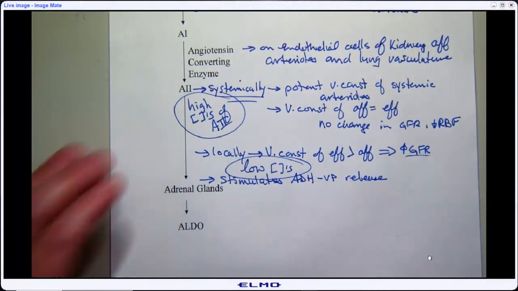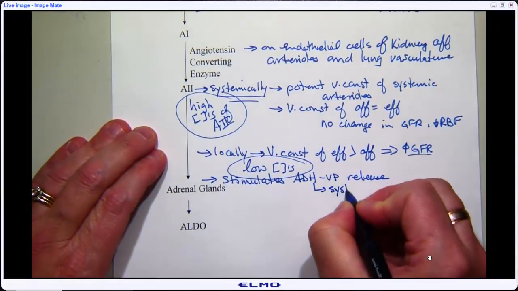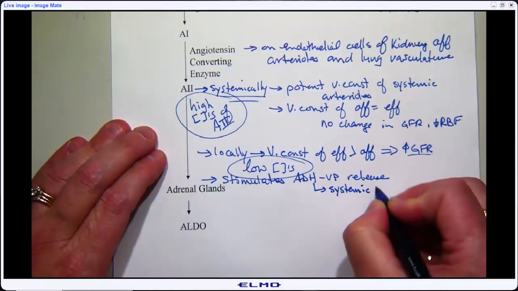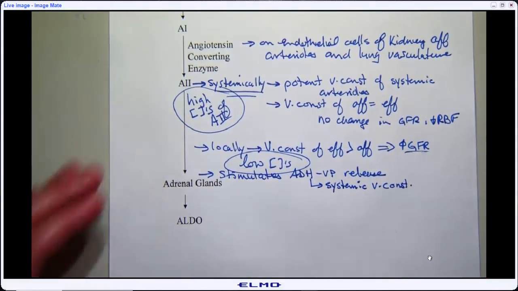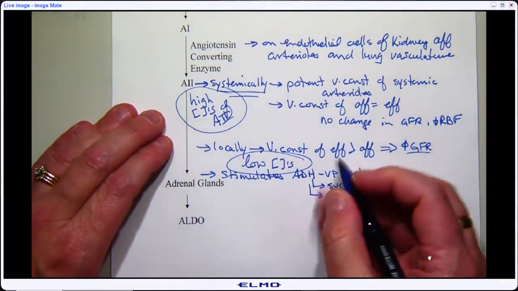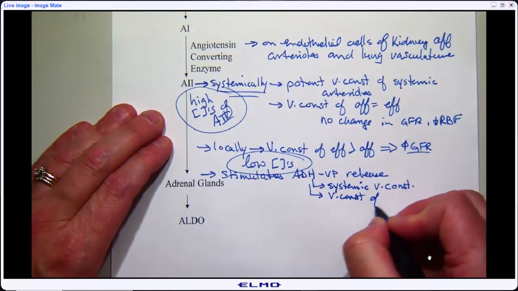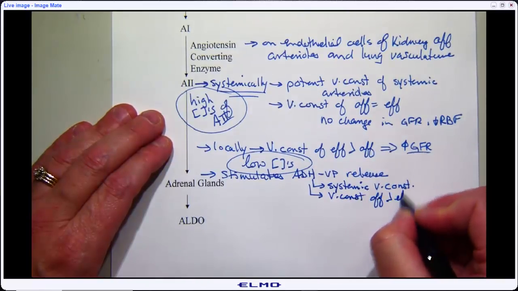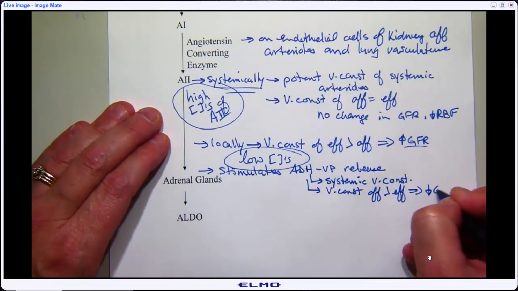And of course, we already know that ADH is a systemic vasoconstrictor. All right, so that's going to help us out with TPR. And then we know that it's a vasoconstrictor of afferents greater than efferents. So it's going to be working towards decreasing GFR.